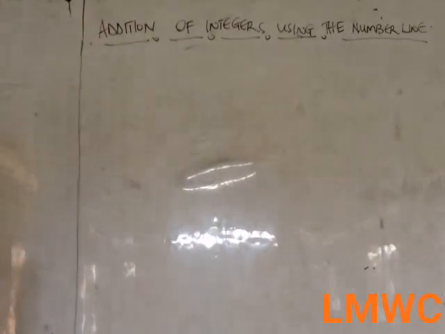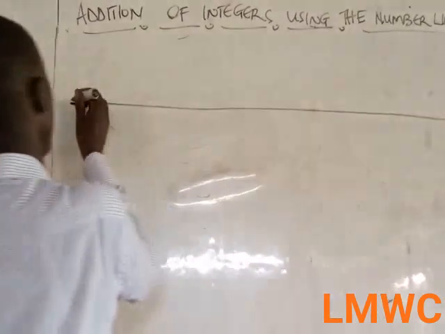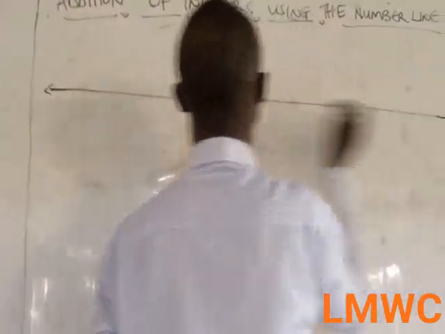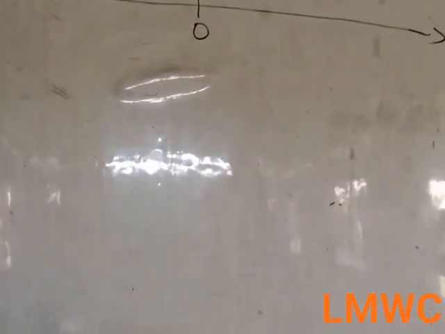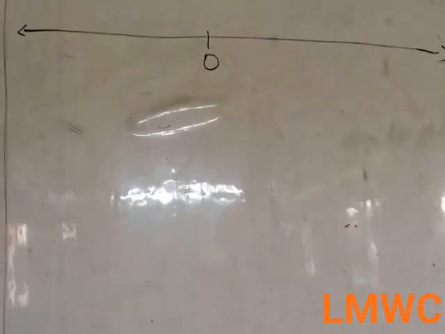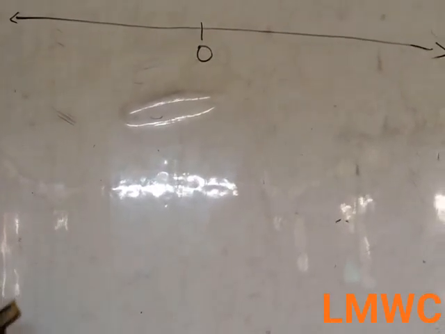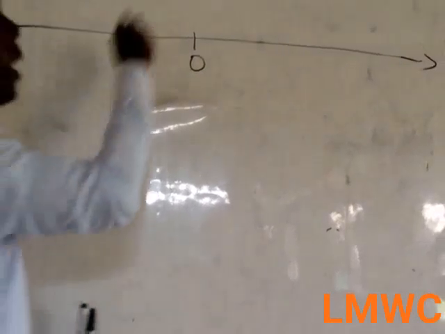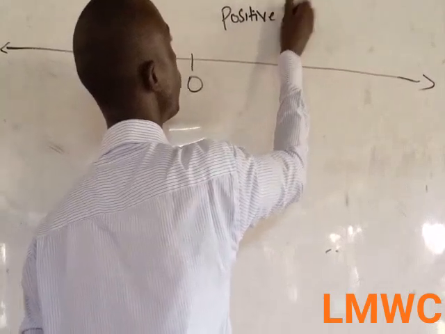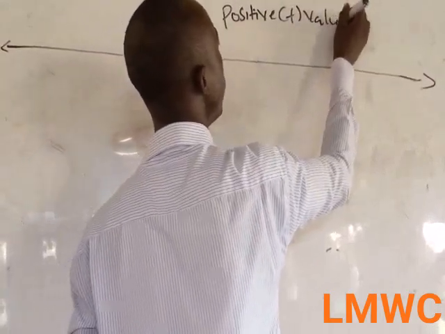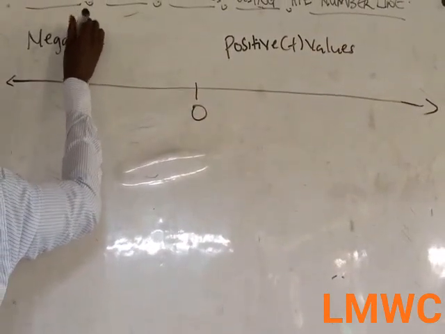We now want to add using the number line, and this is a number line. You see, we are having 0. When I started defining integers, I said 0 is neither positive nor negative, but it is an integer because integers include 0. So the numbers at the right hand side are positive values, and the numbers at the left hand side are negative values.